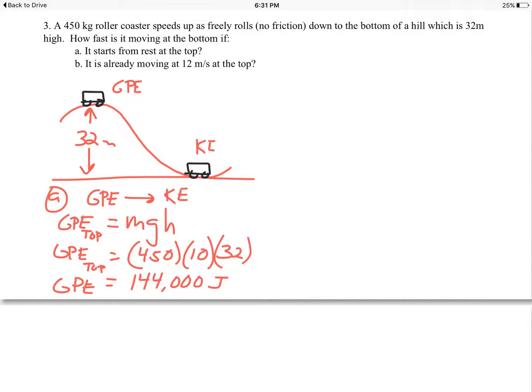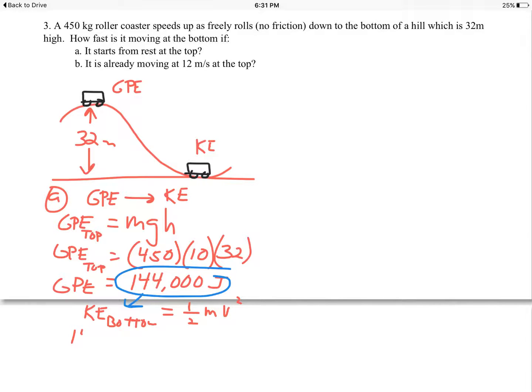Now that's going to transfer into the kinetic energy of the car at the bottom. So the kinetic energy at the bottom will equal 1/2 mv squared at the bottom. But the kinetic energy at the bottom will be this 144,000 joules. So I'm going to plug that in for the kinetic energy.